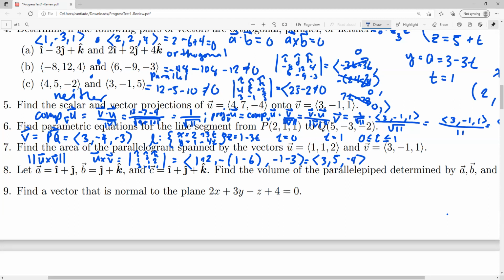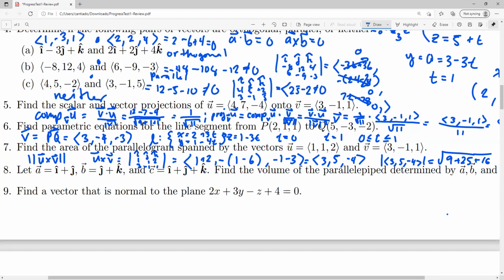Now we just need to take the magnitude of this whole thing. So the magnitude of this vector is equal to the square root of 3 squared, which is 9, 5 squared is 25, negative 4 squared is 16.